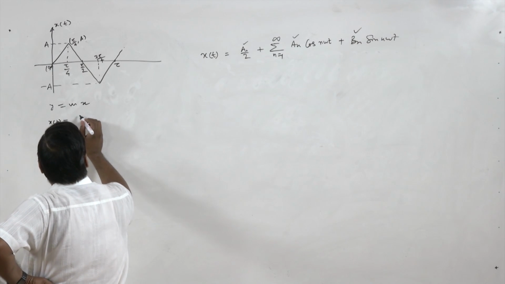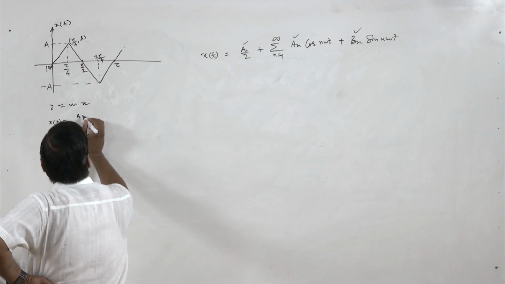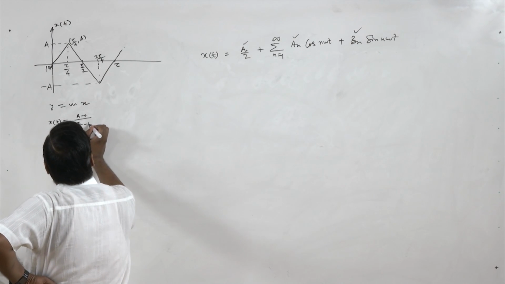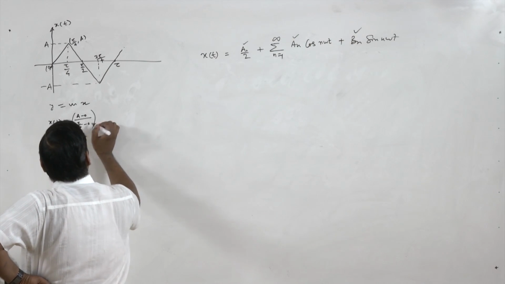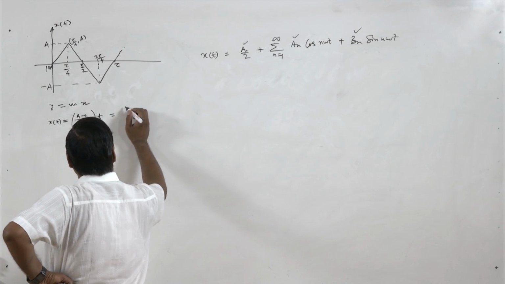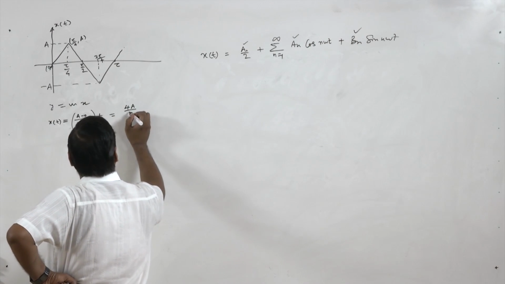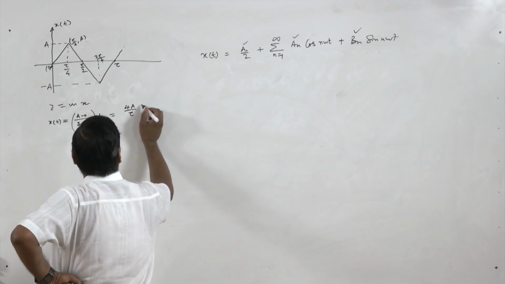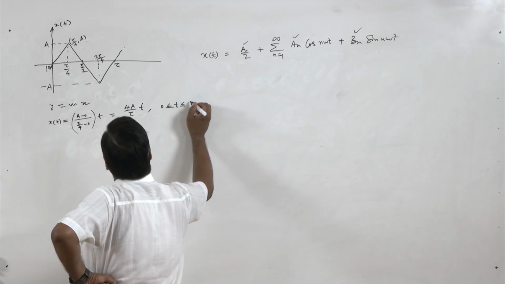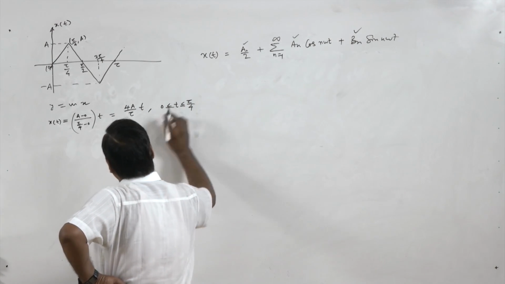So here we can write y2 minus y1, so a minus 0 upon x2 minus x1, tau by 4 minus 0, into x, which is t. So this is equal to 4a by tau t, and here it is 0 less or equal to t less or equal to tau by 4.